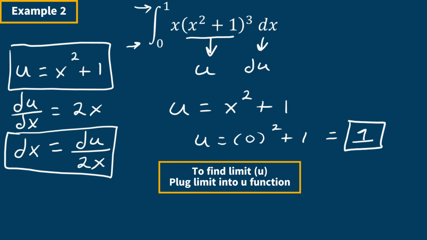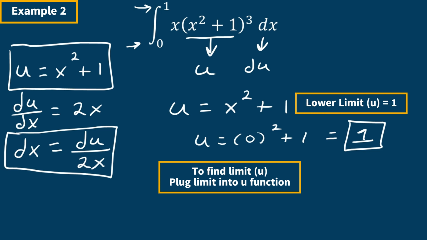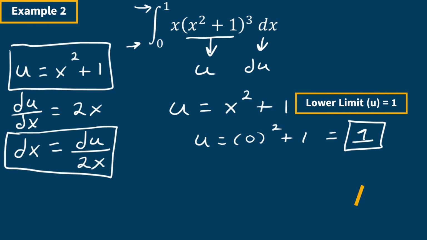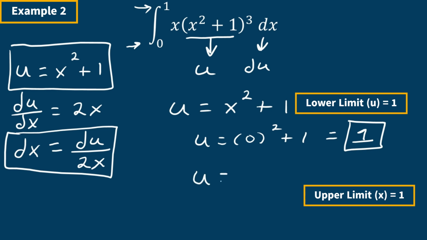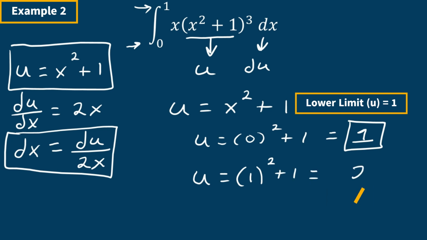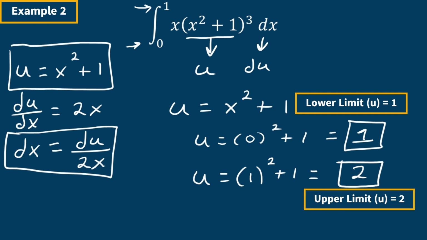This is our new lower limit. Now let's look at the upper limit. We do the same process. u is equal to, and now we plug that number into every x, 1 squared plus 1 is equal to 2. That's going to become our new upper limit.